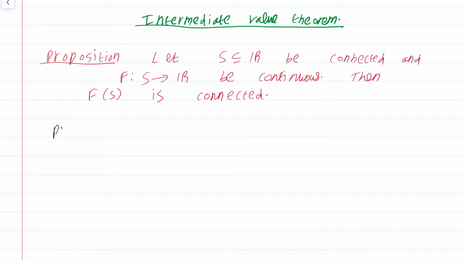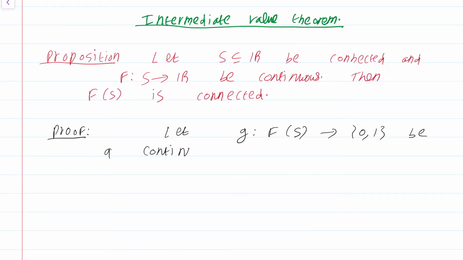Proof. Let me not prove by contradiction, let me give a direct proof. Let G from F of S to {0, 1} be a continuous function. Consider G composed with F from S to {0, 1}.